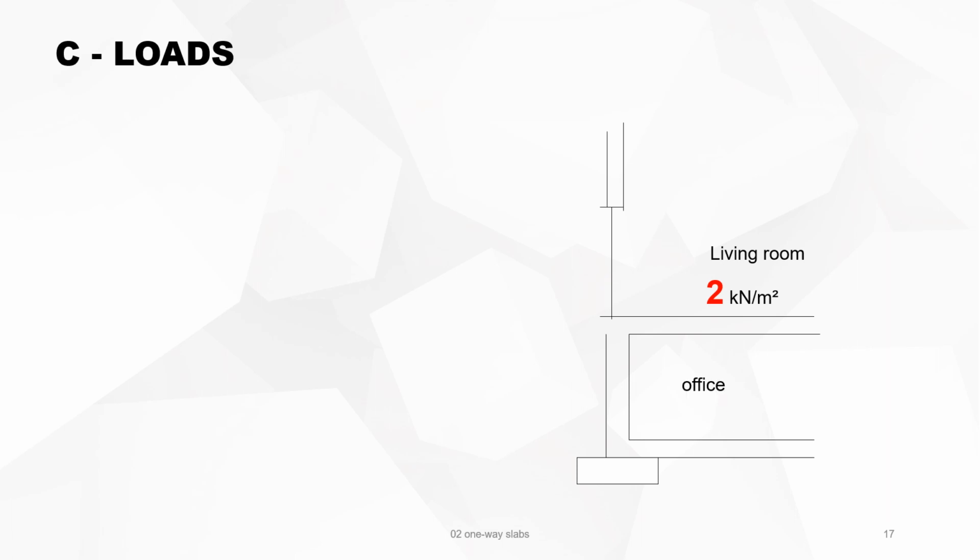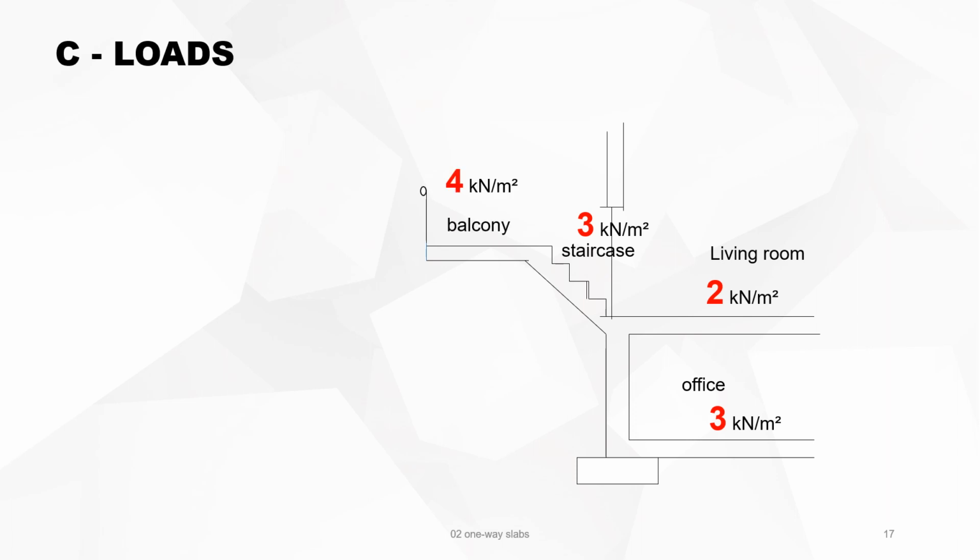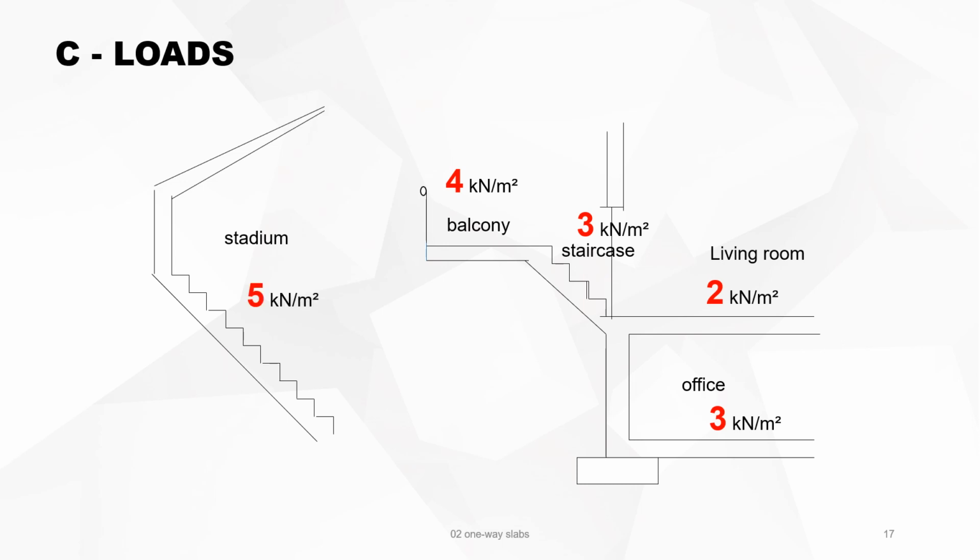If you go to the office, for instance in the cellar, it's 3 kilonewton per square meter. Then you take the stairs, and it's 3 kilonewton per square meter. You go to the balcony, it's 4 kilonewtons per square meter. And from the balcony, you can look at football, and then in a stadium, you get 5 kilonewton per square meter. So with this, you can easily remember the minimum live loads that have to be used for the calculation of concrete slabs.